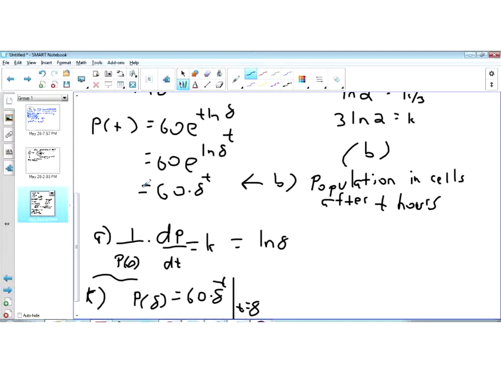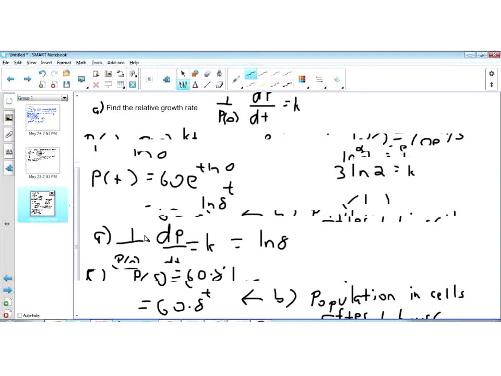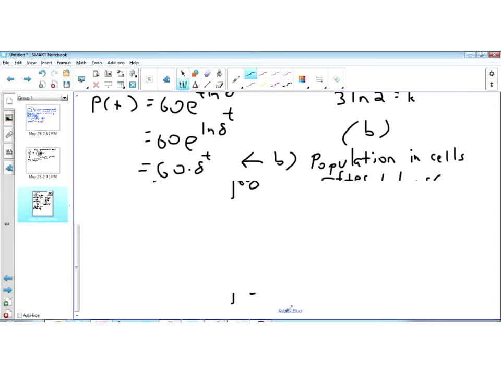So the relative growth rate is that. Yeah, so it asks for the rate of growth after 8 hours, so that would be P prime at t equals 8.